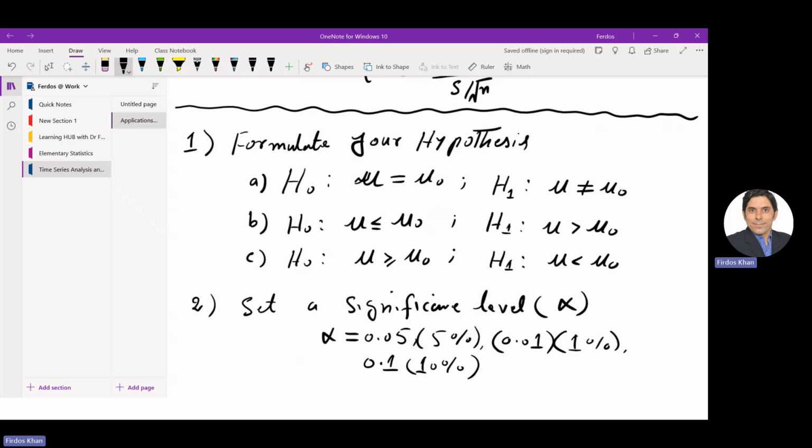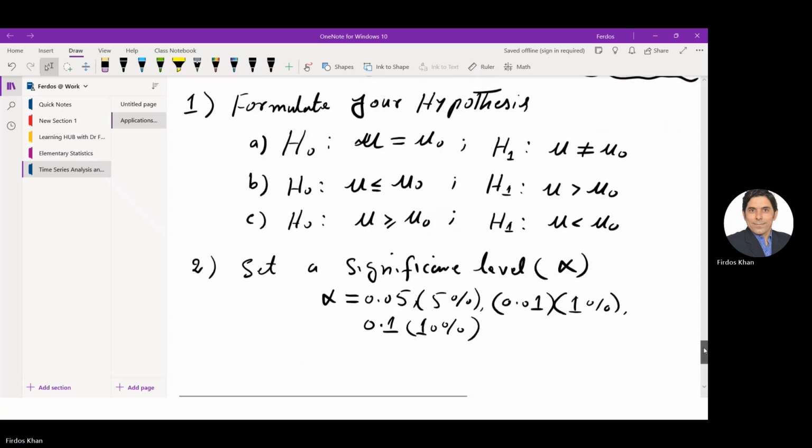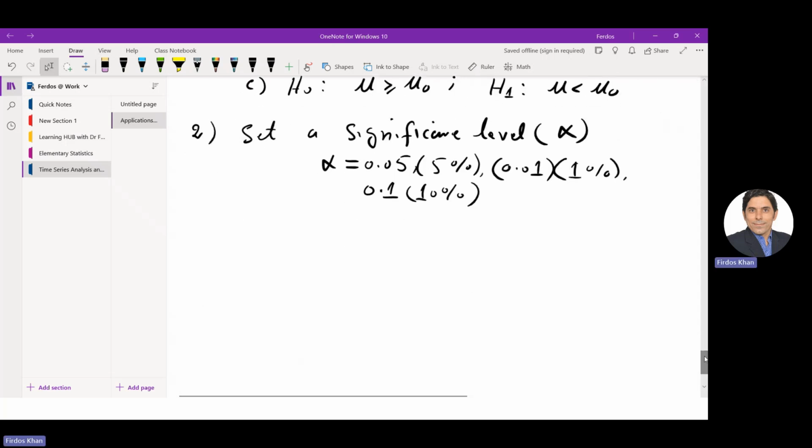You can choose any one of these three, or another one. That depends on the research objectives, and maybe it's given in the problem as well. Normally it is given in the problem, but if it is not given, you can choose any one of these three or maybe another.